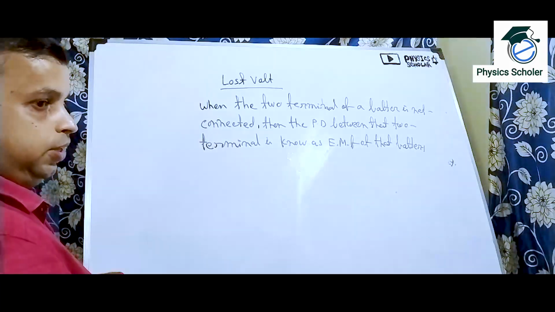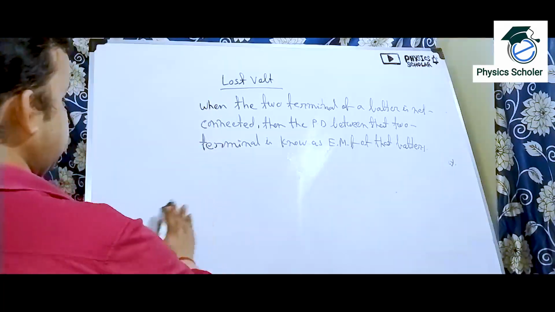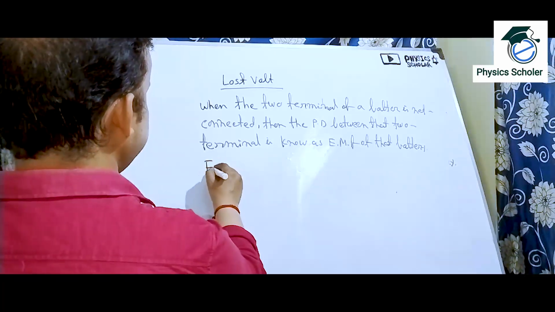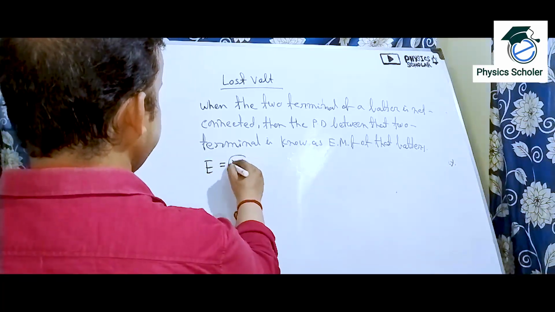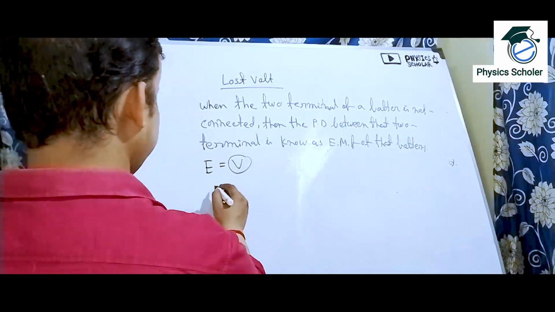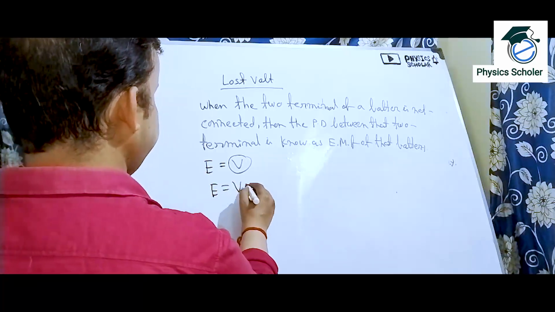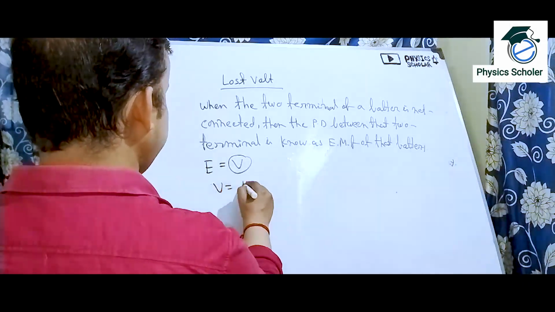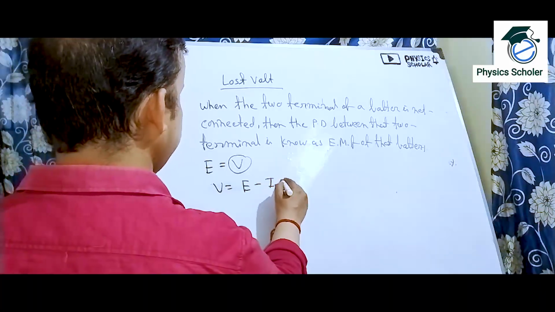Now the next thing. What we know: V is equal to E minus I into small r.